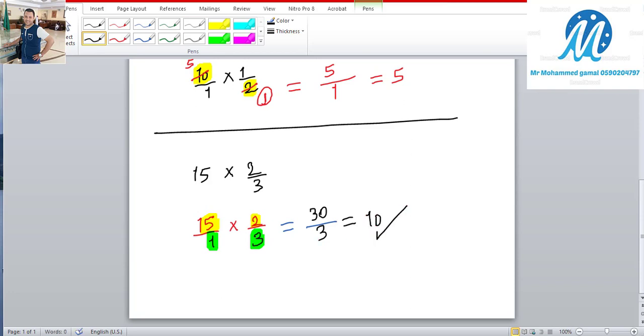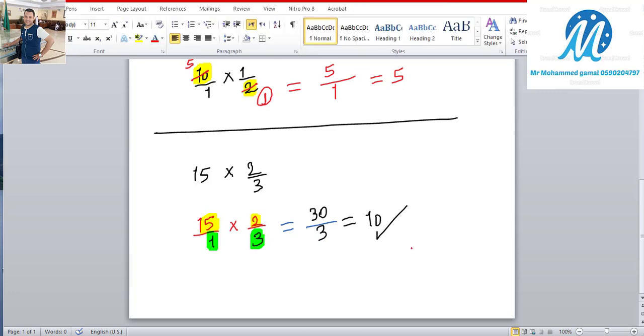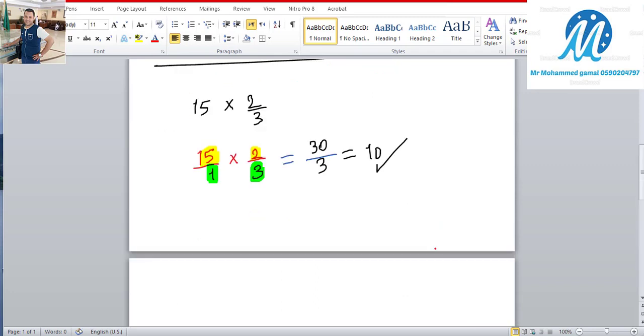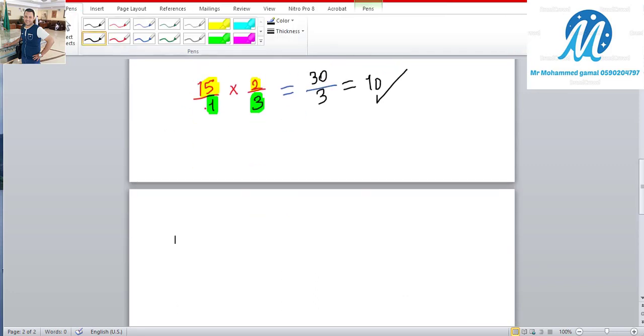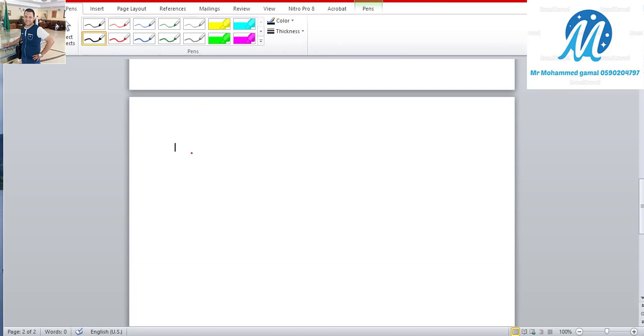I can do the same question the other way, which is to simplify first. So let's try this. You have to know both ways, because sometimes it's easier to simplify. So let's write here 15 multiplied by 2/3. Let's make the 15 to be 15 over 1. Now, can I simplify 15 with the 3?